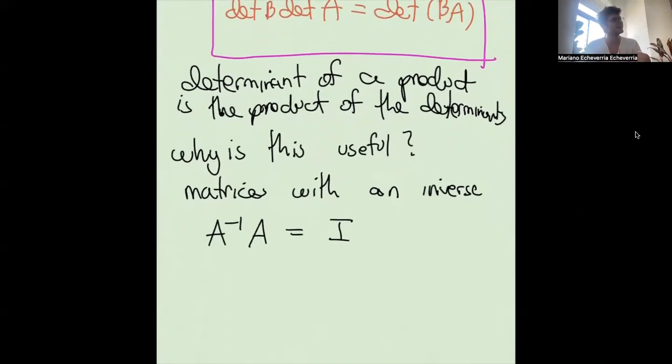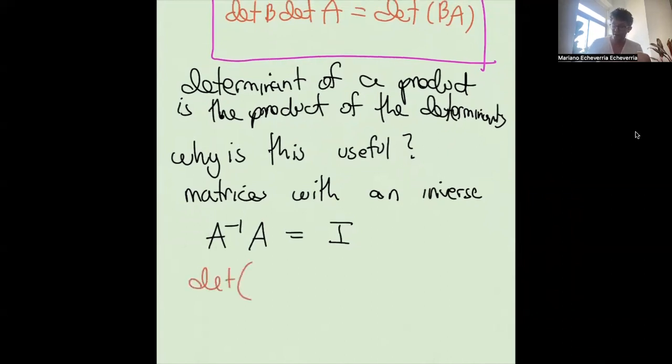A matrix had an inverse if there was another matrix with the property that A inverse times A was the identity. So if you take the determinant of both sides of this equation, because that's something you can do, it's kind of like taking the square root of both sides of the equation. You can take a determinant of both sides of the equation. You get this.